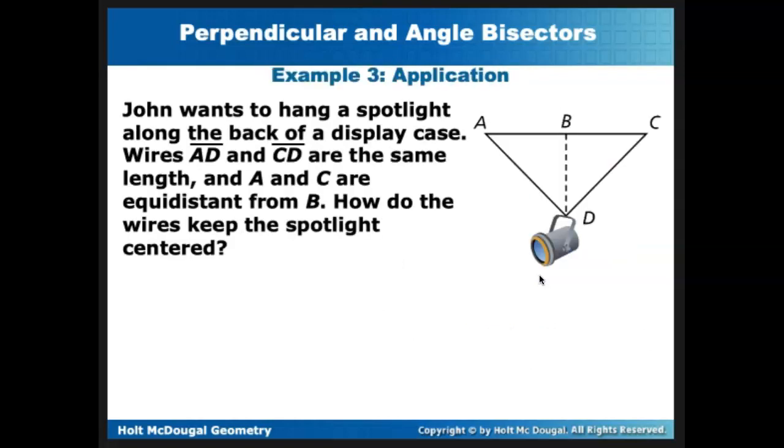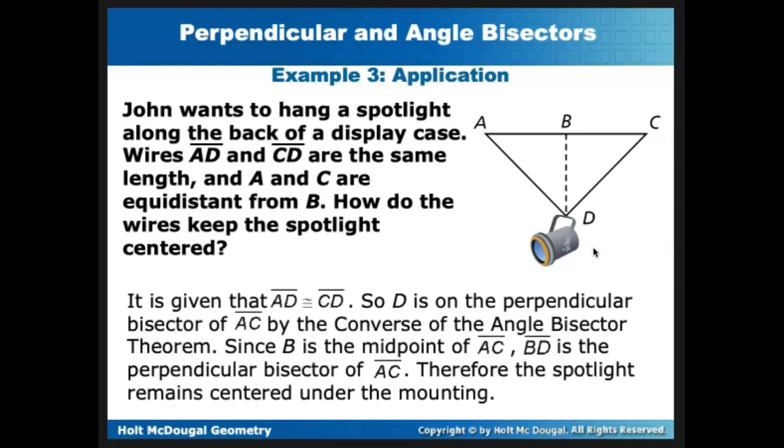John wants to hang a spotlight along the back of a display case. Wires AD and CD are the same length, and A and C are equidistant from B. How do the wires keep the spotlight centered? It is given that AD is congruent to CD, so D is on the perpendicular bisector of segment AC by the converse of the angle bisector theorem.